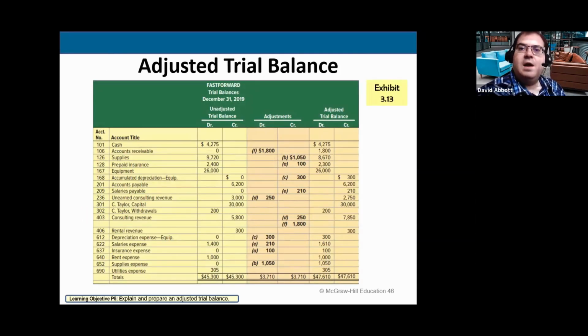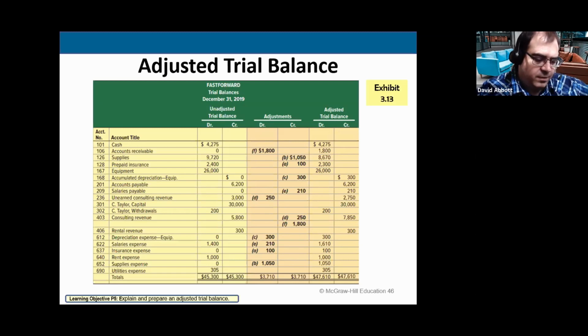So moving right along, adjusted trial balance. This is the adjusted trial balance for Fast Forward. An unadjusted trial balance is a list of accounts and balances prepared before adjustments are recorded. An adjusted trial balance is a list of accounts and balances prepared after adjusting entries have been recorded and posted to the ledger.